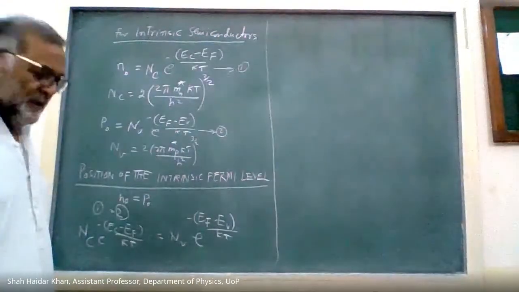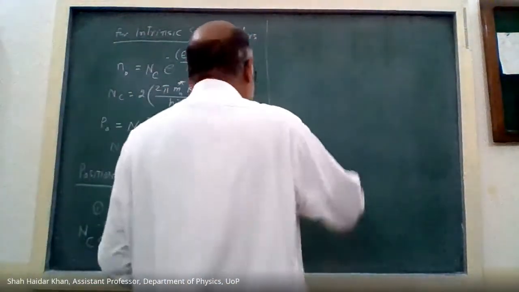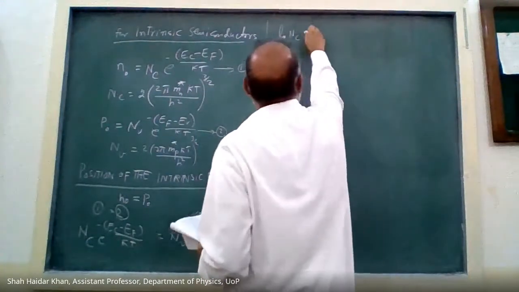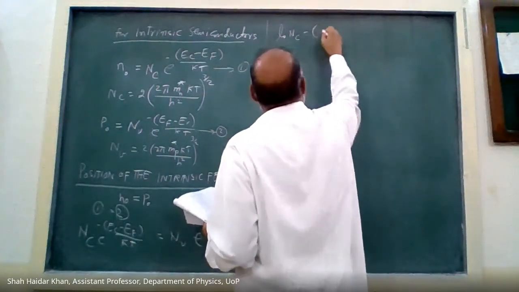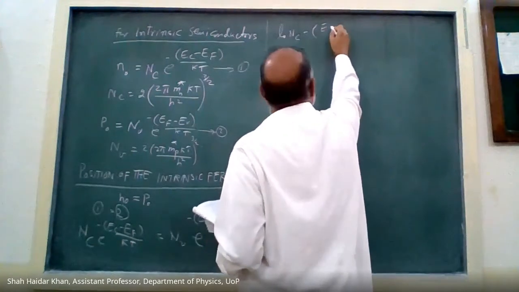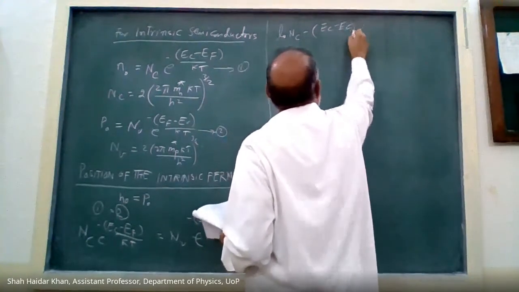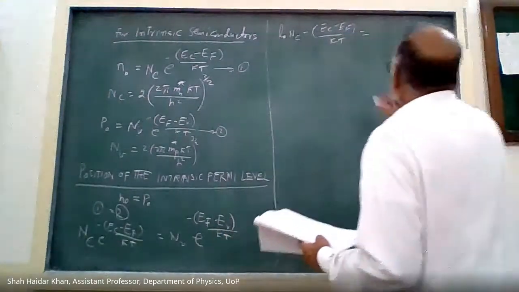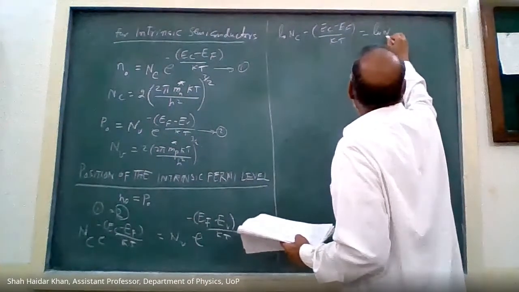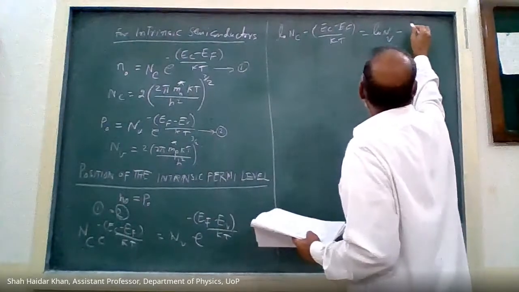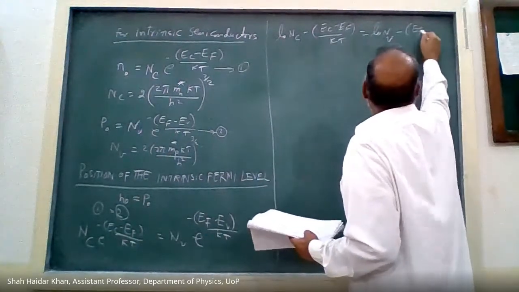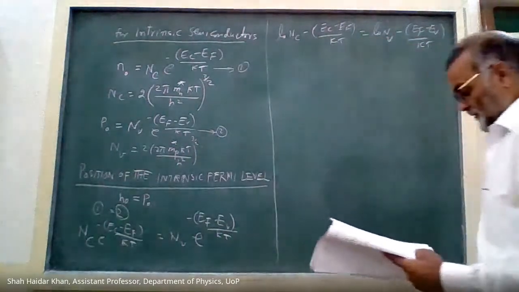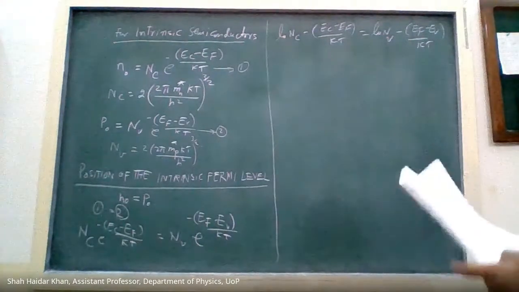So when we take log on both sides, log of Nc minus (Ec minus Ef) over kT is equal to log of Nv minus (Ef minus Ev) over kT.